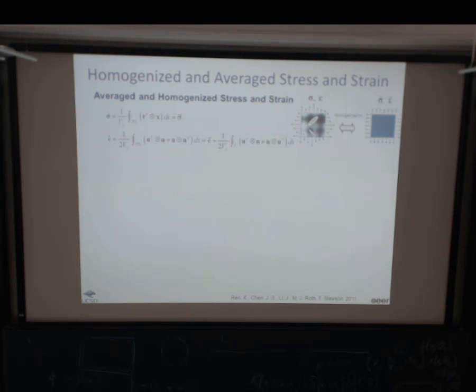And it turns out that if I have cracks in the microstructure, and you look at the so-called homogenized stress, which is by definition based on the traction or the applied stress on the surface of the microstructure, it is a boundary integral.